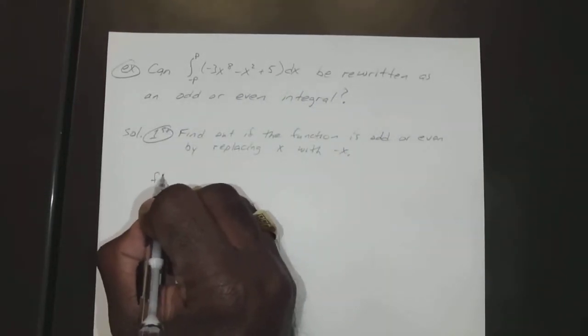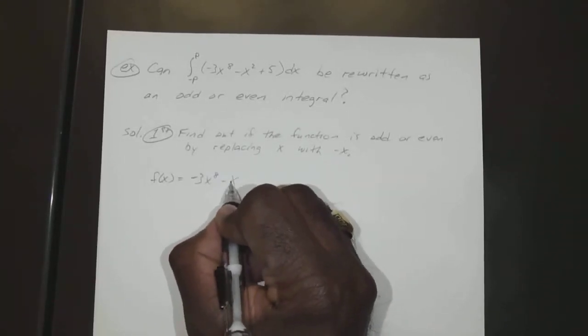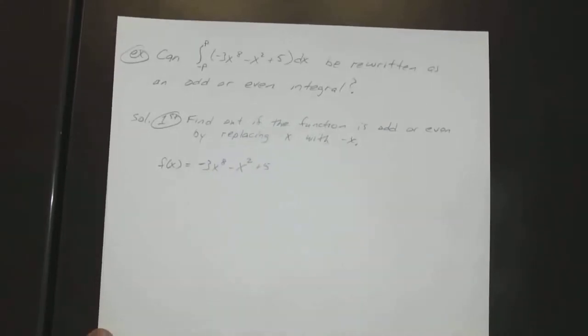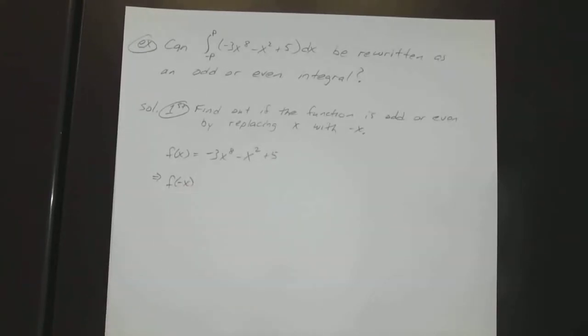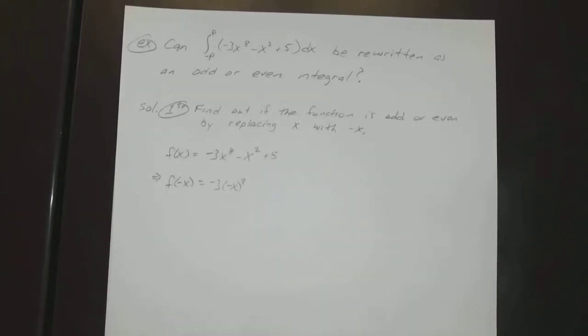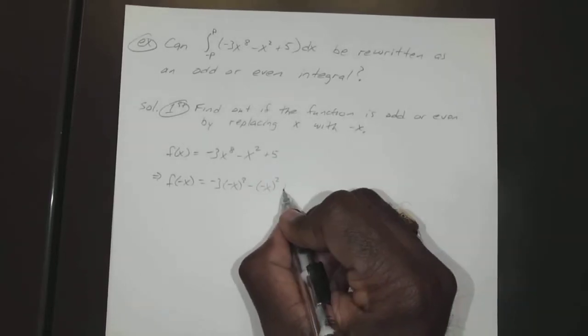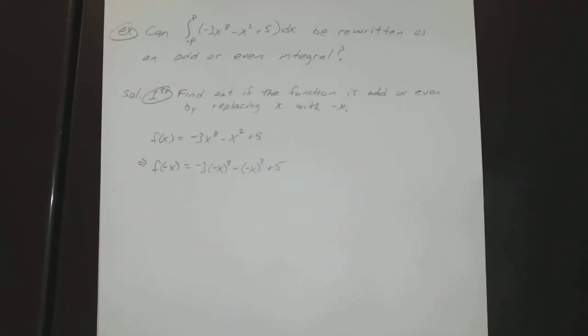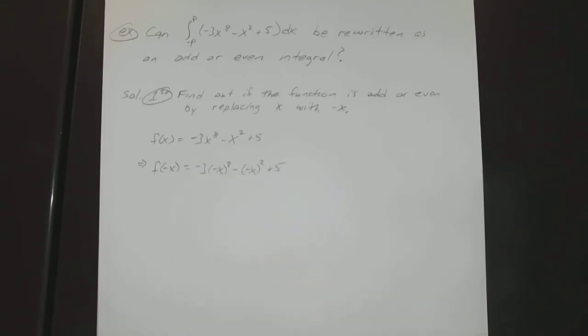Okay, so if our f of x is equal to negative 3x to the 8th minus x squared plus 5, then our f of negative x is going to equal negative 3 times negative x to the 8th power minus negative x squared plus 5. Now, whenever you have a negative number raised to an even exponent, it's always going to come out positive, because each of the negatives will cancel each other out.